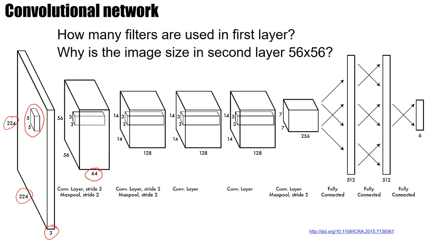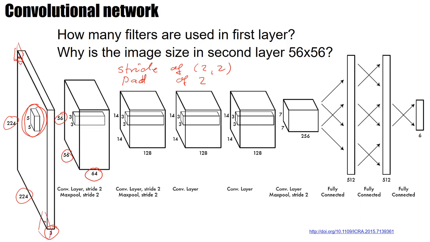Then you can ask, why is the image size now 56 times 56? Well, they use these filters 5 times 5. So let's suppose that they have a stride of 2. And if they also use a padding of 2, that means they can start with putting the center of the filter in one of the corners and end up with the center of the filter in the other corner.